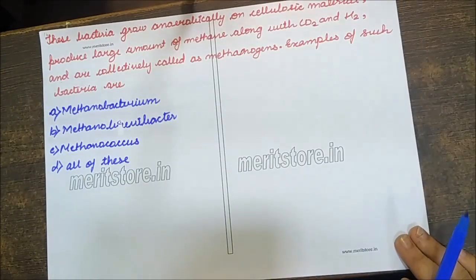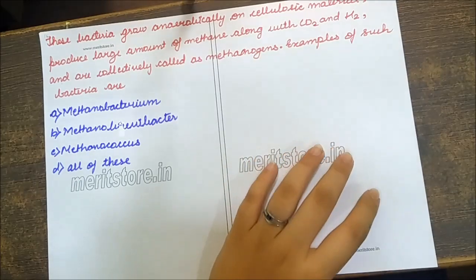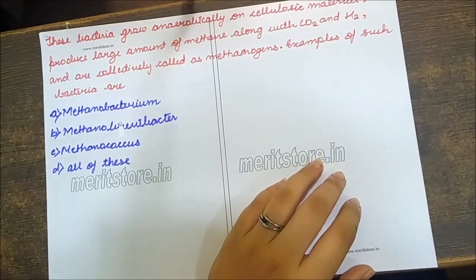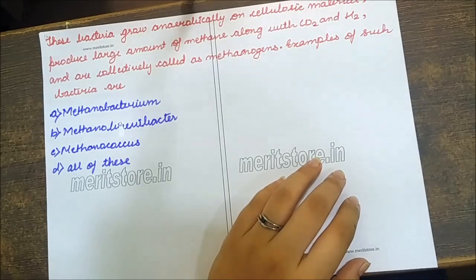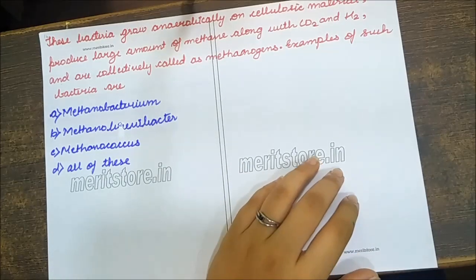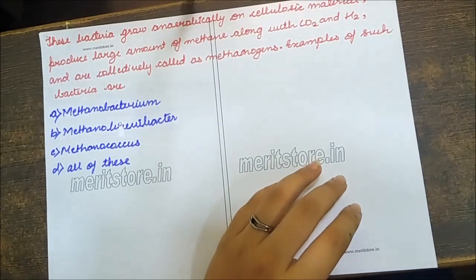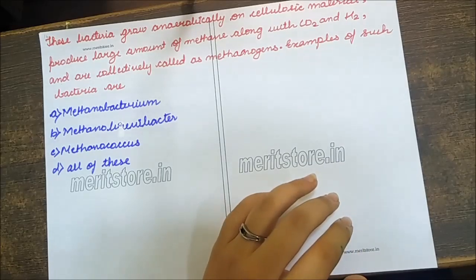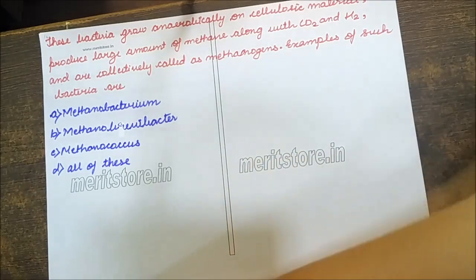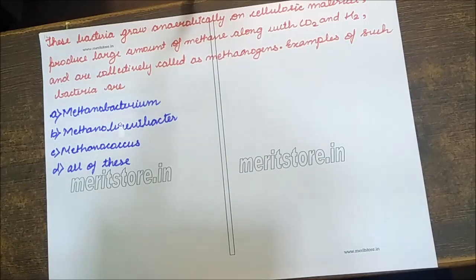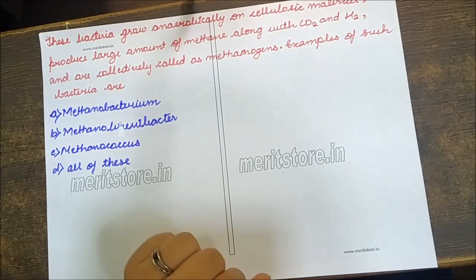Let's move on to the next question. These bacteria grow anaerobically on cellulosic material, produce a large amount of methane along with CO2 and H2, and are collectively called methanogens.